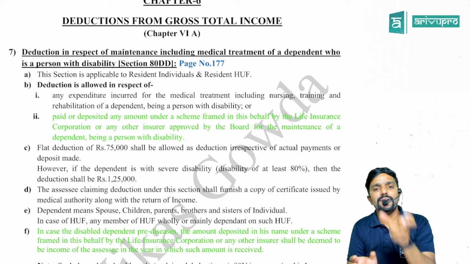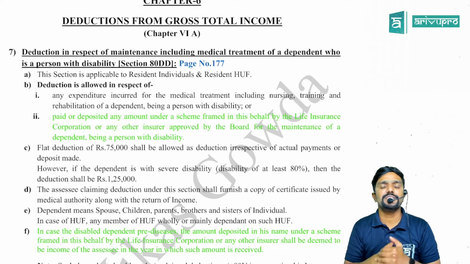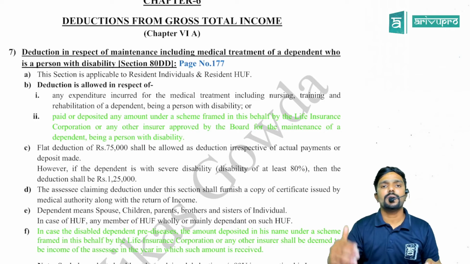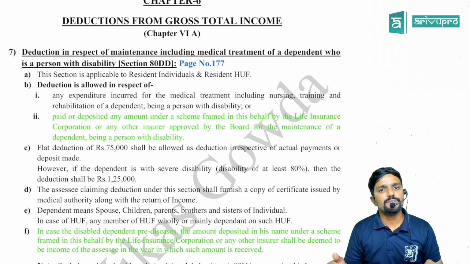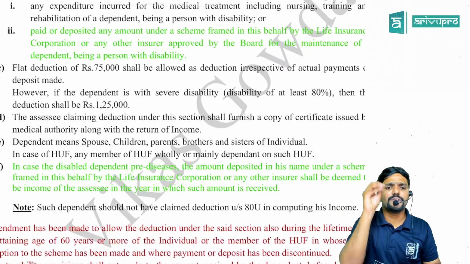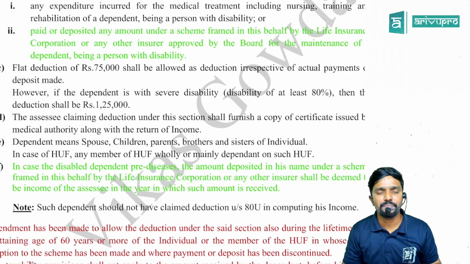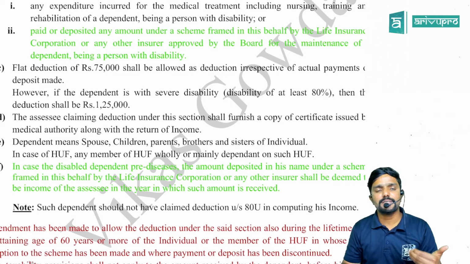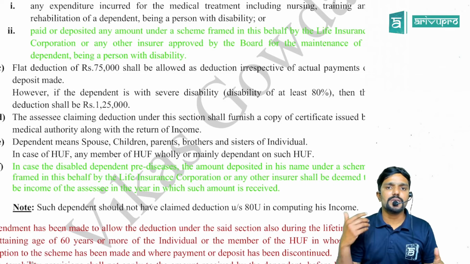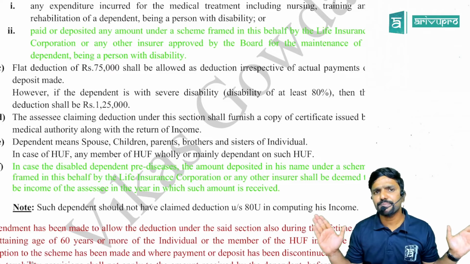So your dependent has become disabled, you are taking care of him, you are incurring all the medical expenditure for him or for her, or you have taken a life insurance policy in his or her name and you are paying the premium. In that case, you can claim a flat deduction of 75,000 or 1,25,000 depending upon the severity. So if he is suffering from severe disability, 1,25,000, if not 75,000 every year, flat deduction, irrespective of the expenditure you have incurred.